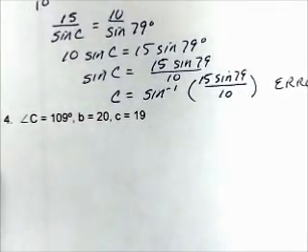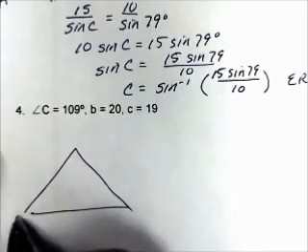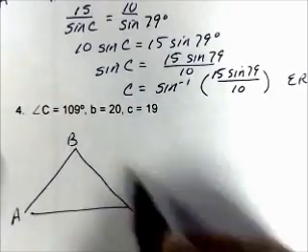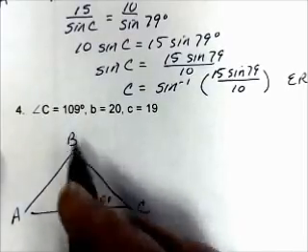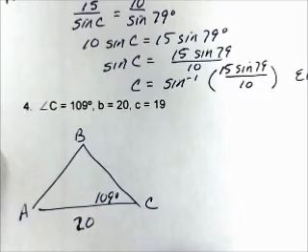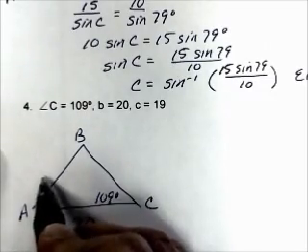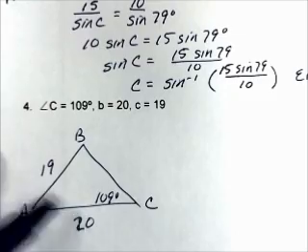And number 4, angle C is 109 degrees. And lowercase b is 20. And c is 19. Now, some of you might say, well, this isn't possible.